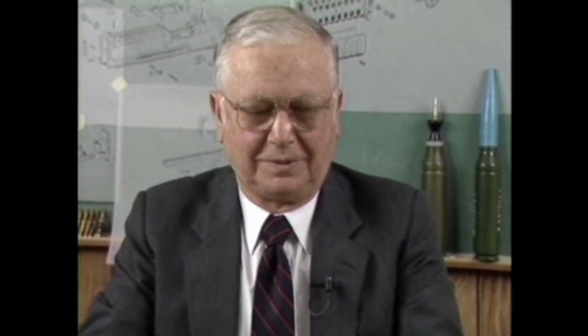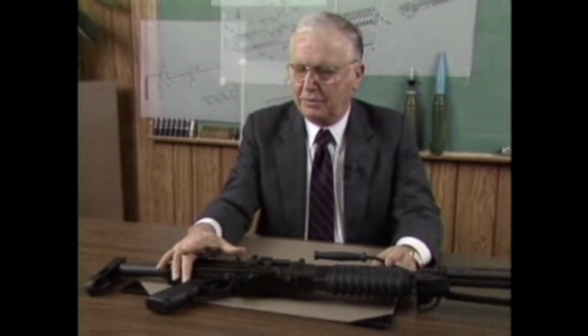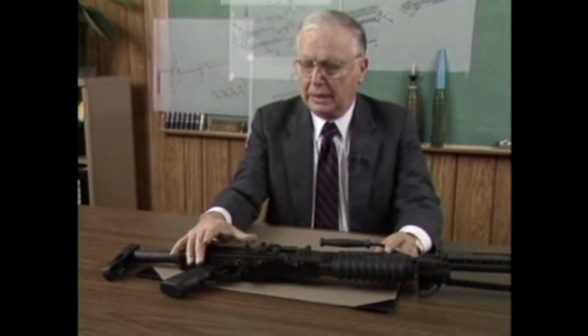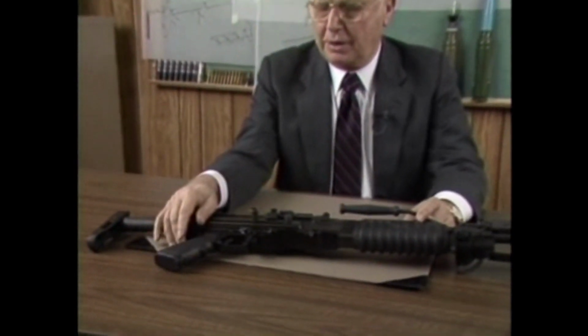Okay, let's pick up going around the gun again and start with the pistol grip and trigger, I guess. Well, the pistol grip is the standard one off the M16 A2, and so is the trigger guard.